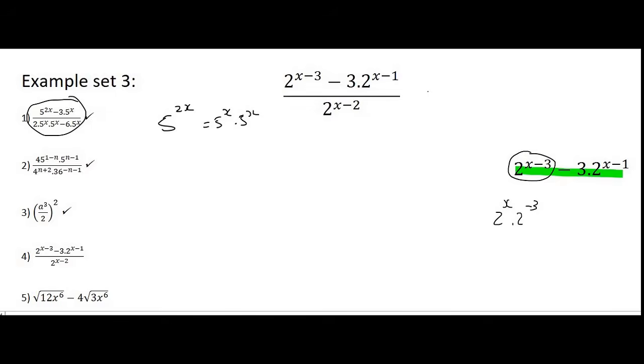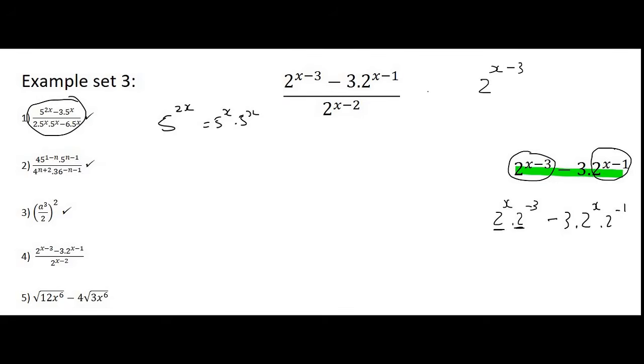The reason that that is true is when these bases are the same, you would have added the exponents, and so that would have given you 2 to the power of x minus 3. So we're just doing it in the reverse order this time, just to separate things a little bit. Then I'm going to say minus 3 times by 2 to the power of x times by 2 to the power of minus 1. So I just split that part as well.